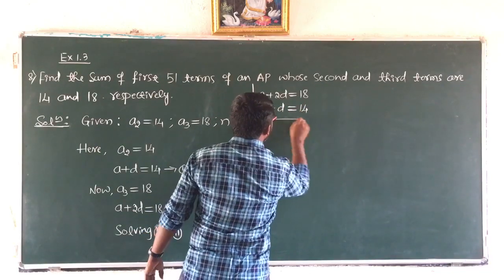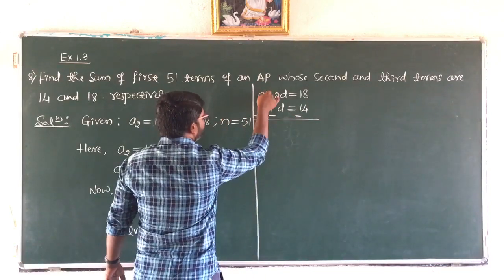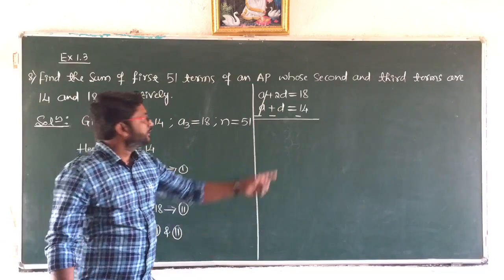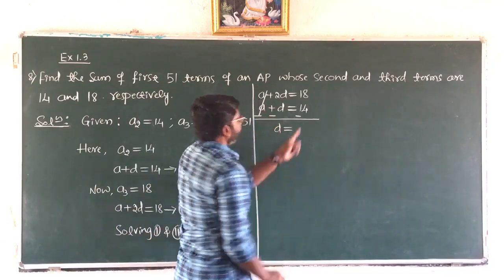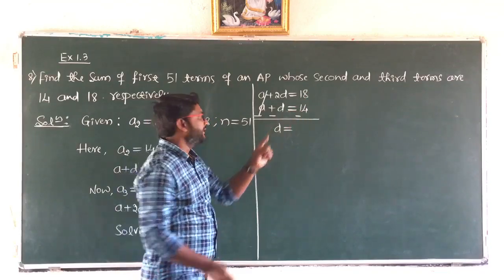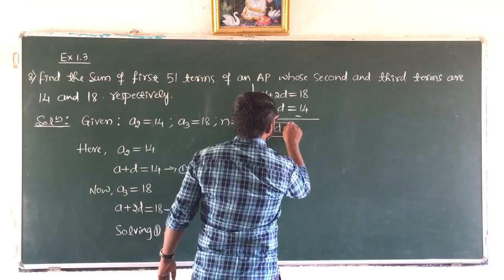Now change the signs here. So minus. So here A minus A cancels. 2D minus D is D. Then 18 minus 14 is 4.